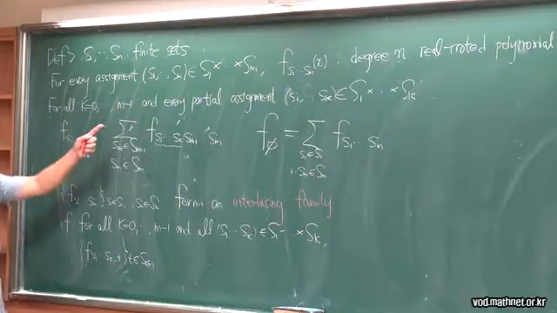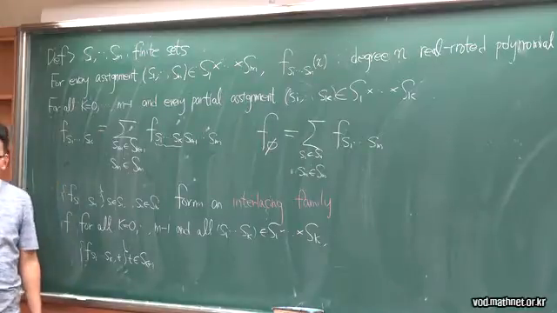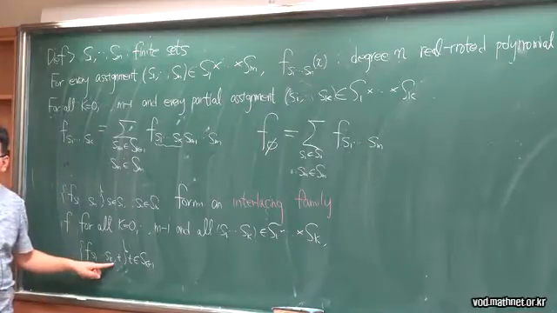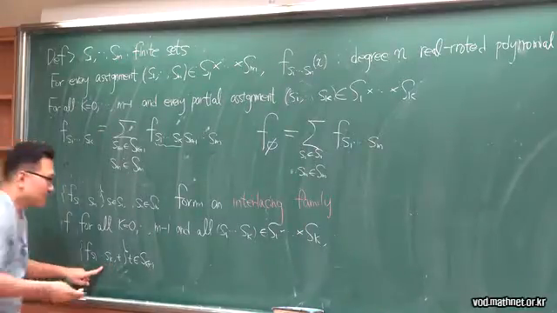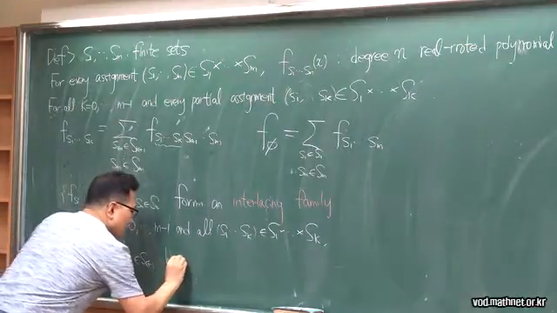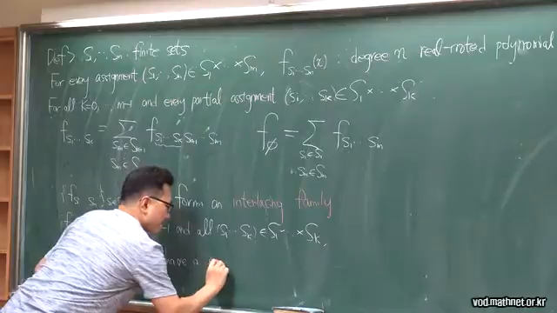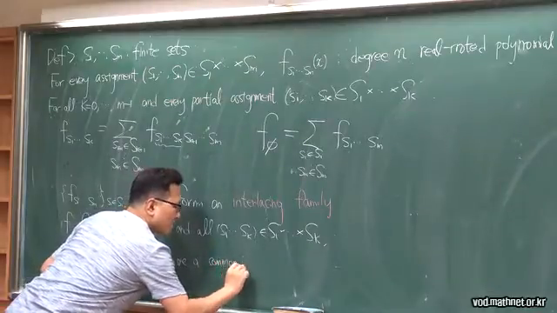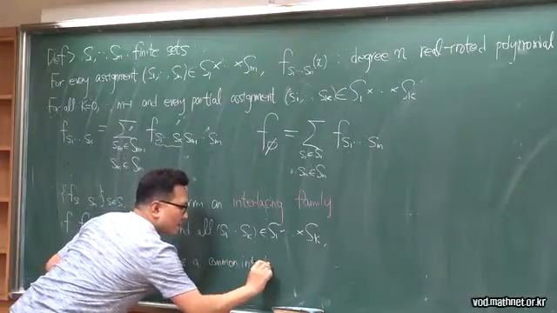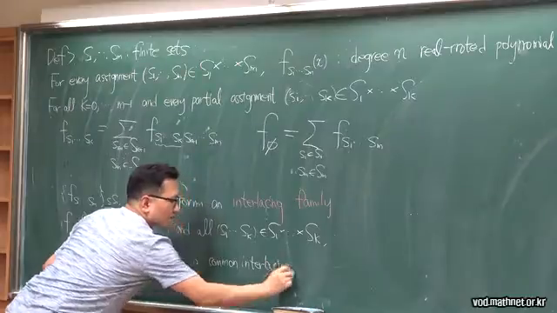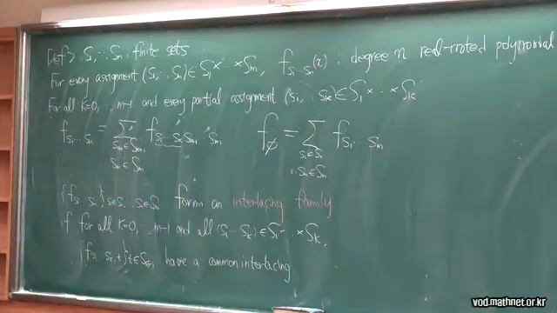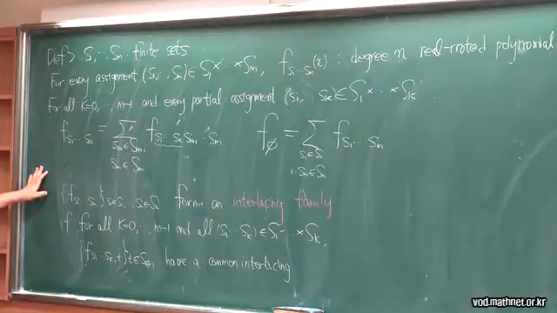When S sub i is just plus or minus 1, there are just two polynomials in here. This has a common interlacing. This is the longest definition that I know.